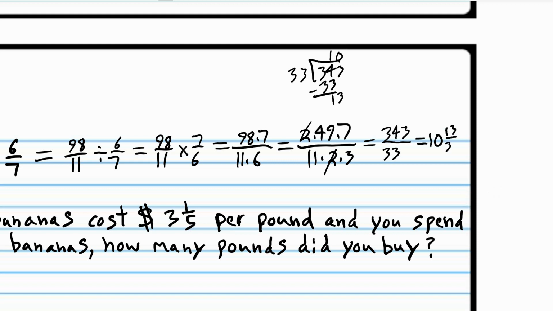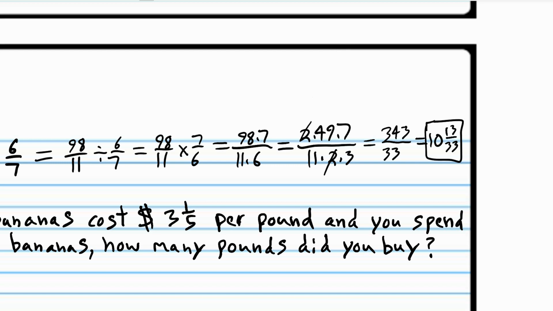And you just rewrite the denominator. So 33 times 10 is just 330. And there's 13 left over. So that one was kind of a hard one. So the only reason that we did this here is to figure out how many times 33 is going into 343. We knew it was going to be 10 times based on that algorithm.